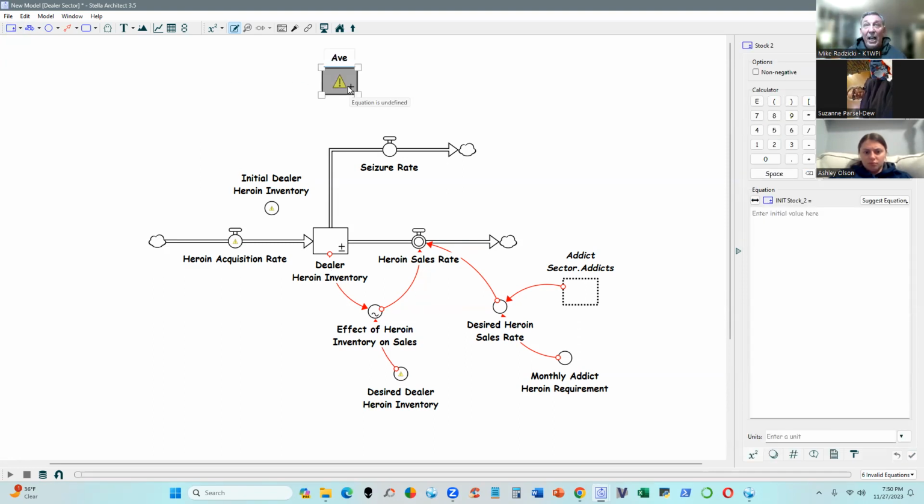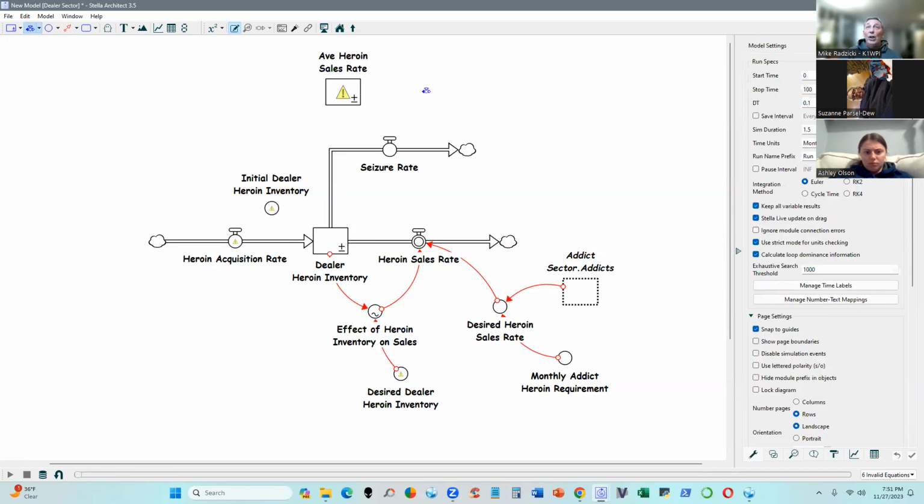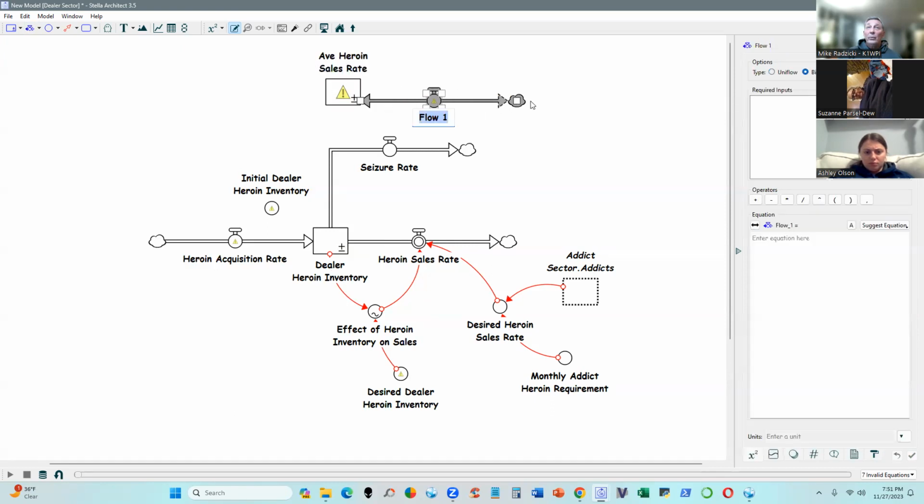So we'll call this the average heroin sales rate. In this case, we want a biflow, and we've got one of these moving averages here. So the change in the average heroin sales rate.